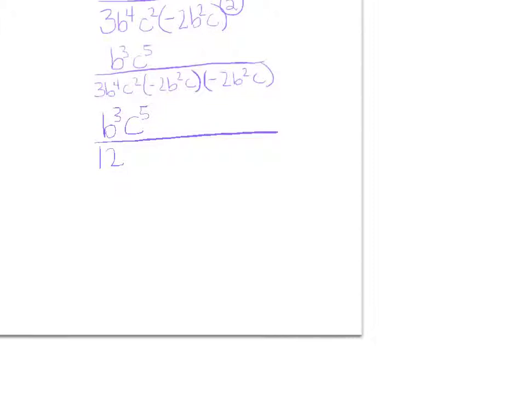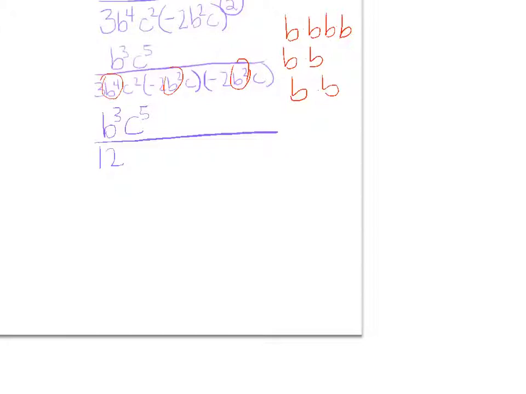And then I'm going to start thinking about how many of each variable I have. If I were to expand b to the fourth out, I'd really have b times b times b times b. If I expand b squared, I would have b times b. And another b squared is going to be b times b.